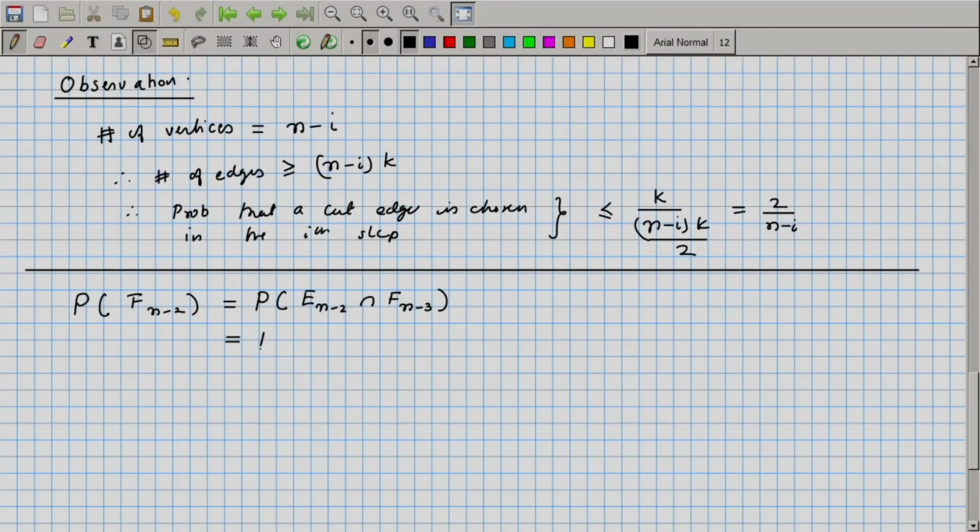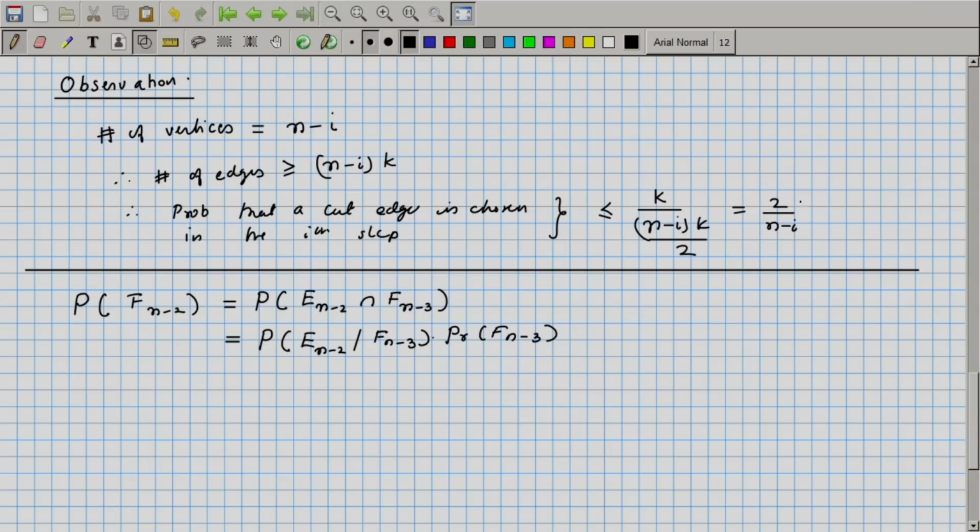This we can write as the probability of E n minus 2 given F n minus 3 into the probability of F n minus 3. Now, if we know that till the n minus third stage no cut edge was chosen, what is the probability that you choose a cut edge in the n minus second stage?